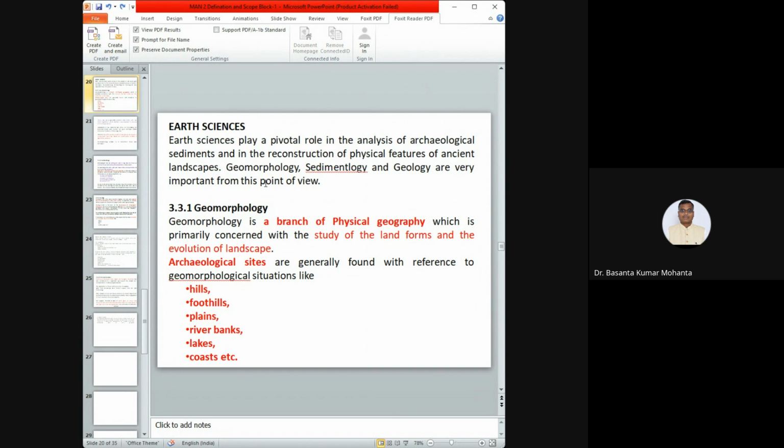Usually, archaeological sites in general and prehistoric sites in particular are located in different geomorphological situations, which include hills, foothills, plains or piedmont areas, river banks, areas close to lakes, coastal areas, etc. As we are aware, Olduvai Gorge of Tanzania, which is located near Lake Victoria, is one of the important prehistoric sites from where we get different kinds of archaeological evidence related to human cultural evolution.